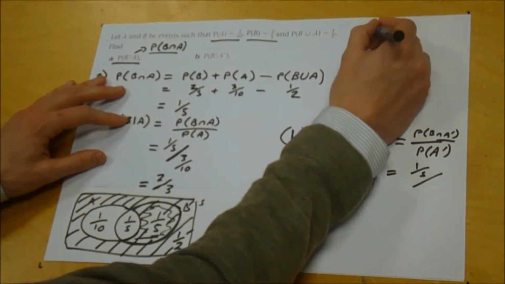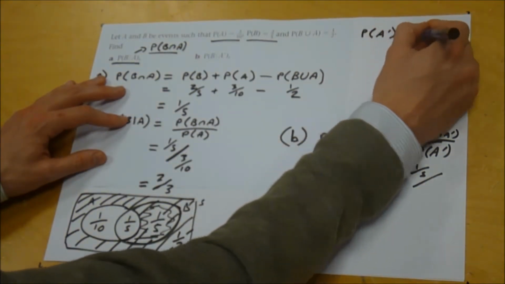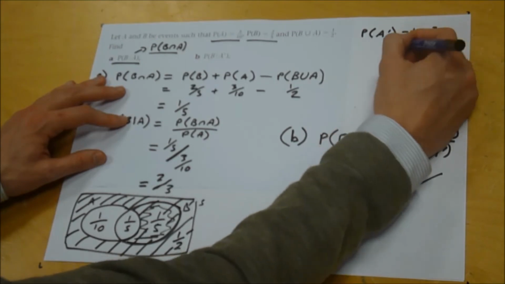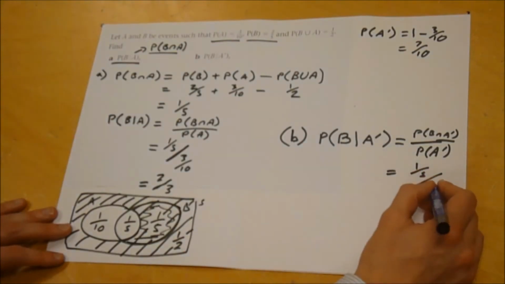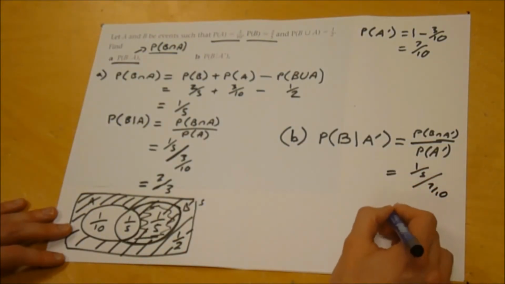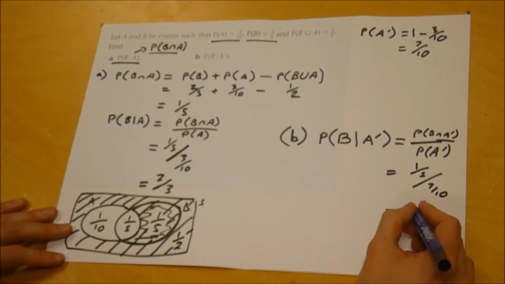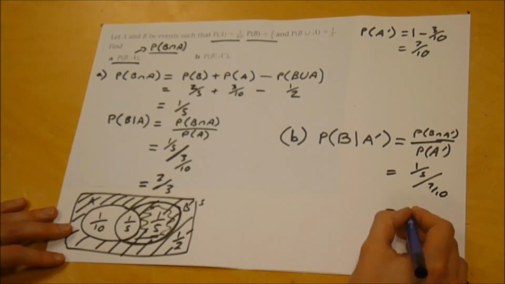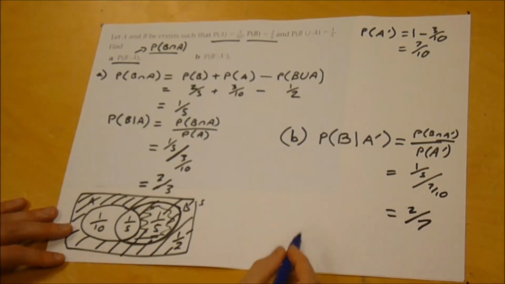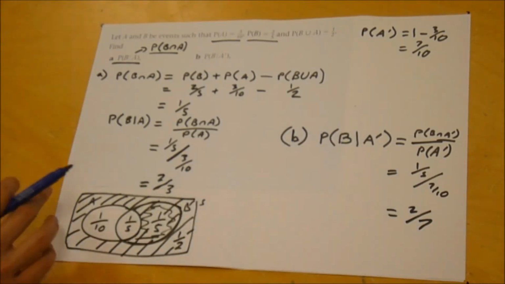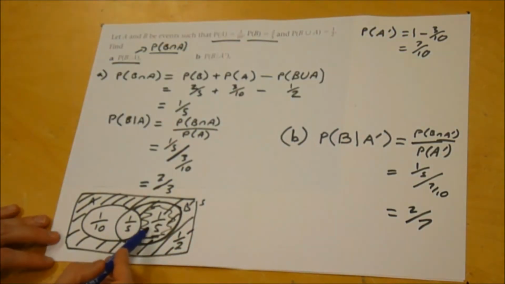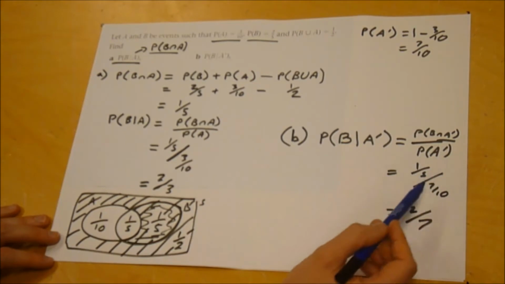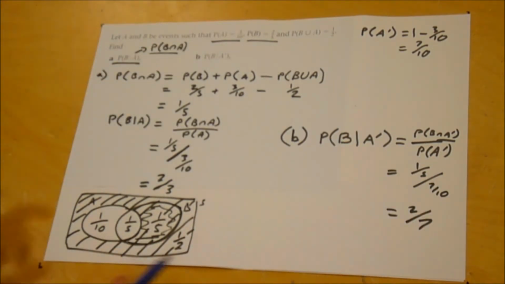We can see up here the probability of A complement is equal to 1 minus the 3/10, which is 7/10. So my answer is going to be 1/5 divided by 7/10. That's going to be 2/7. So that's the probability of B occurring given that A has not occurred. Just the probability of B and not A, we get that from the diagram, 1/5 divided by the probability of not A, which is 1 minus the probability of A. There you have your answer.